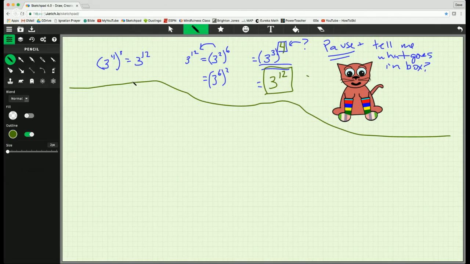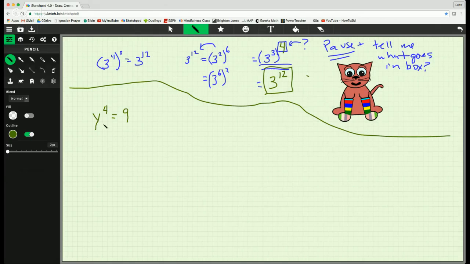So let me ask you a question. This is something they want you to learn in this lesson. If I said y to the 4th is equal to 9, well, there's no number to the 4th power that equals 9 that immediately jumps into our mind.